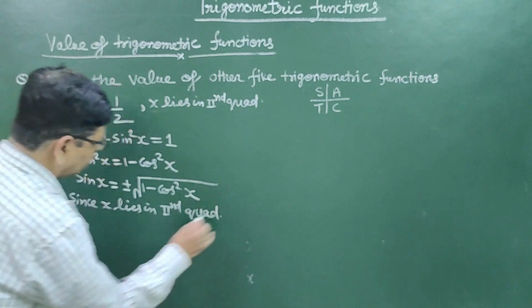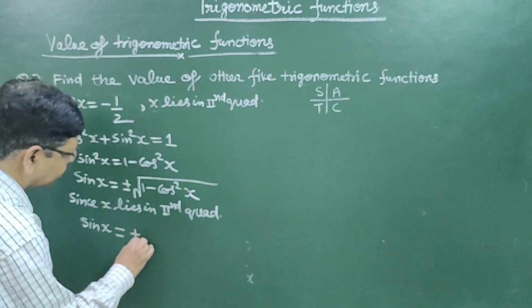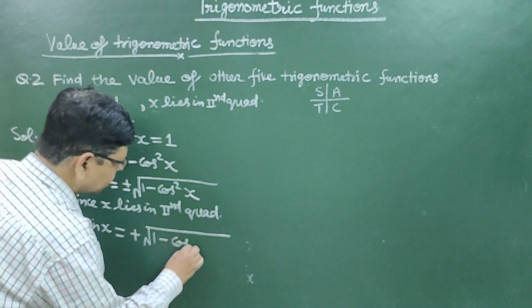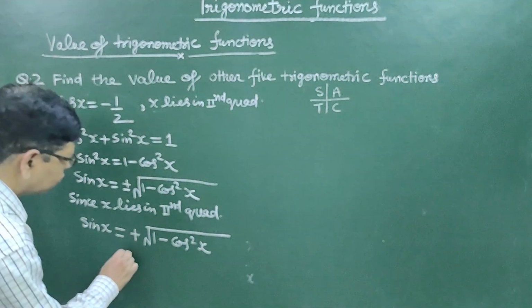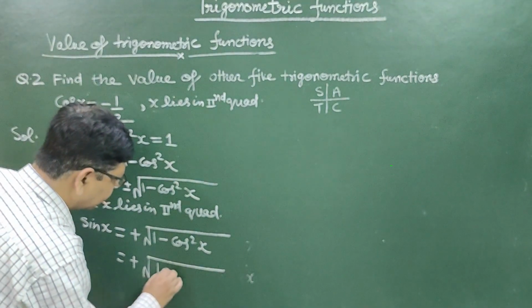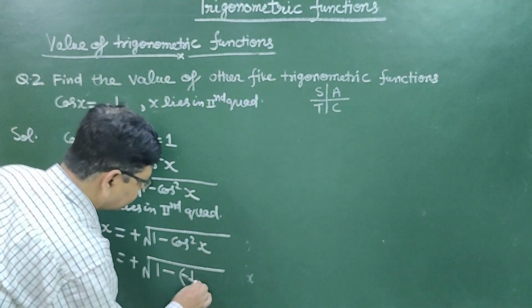Therefore the positive value of sin x will be considered. Now putting the value of cos x, which is minus 1 upon 2, sin x is equal to plus under root 1 minus square of minus 1 upon 2.